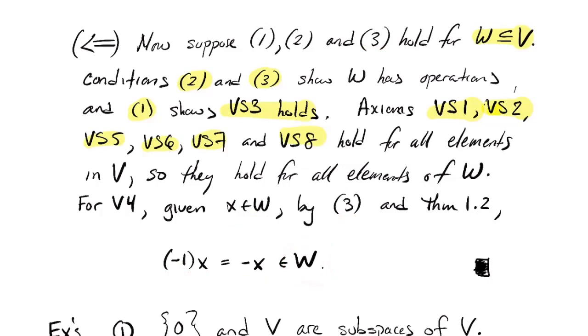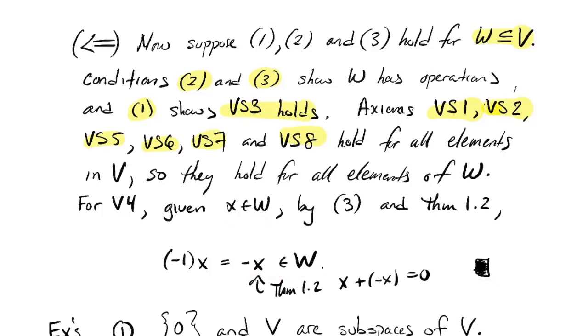Theorem 1.2 says that this thing has the property that when you add X to it, you get 0. That's our X prime in the previous notation. So that's the fourth vector space axiom. Every vector in W, I'm calling it X here, has its inverse also in W. All right, so that's the end of the proof. If you have those 3 conditions, you have a subspace.